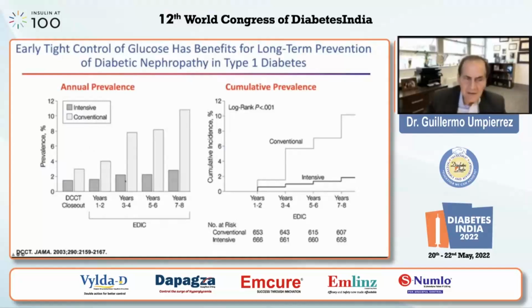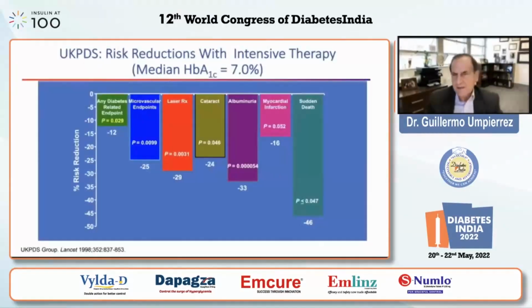Improving glycemic control during the first years decreased nephropathy, and after the study was closed, you still have a beneficial effect. Intensive glycemic control during the first few years of studies like DCCT has a long-term effect in preventing progression of diabetic kidney disease.